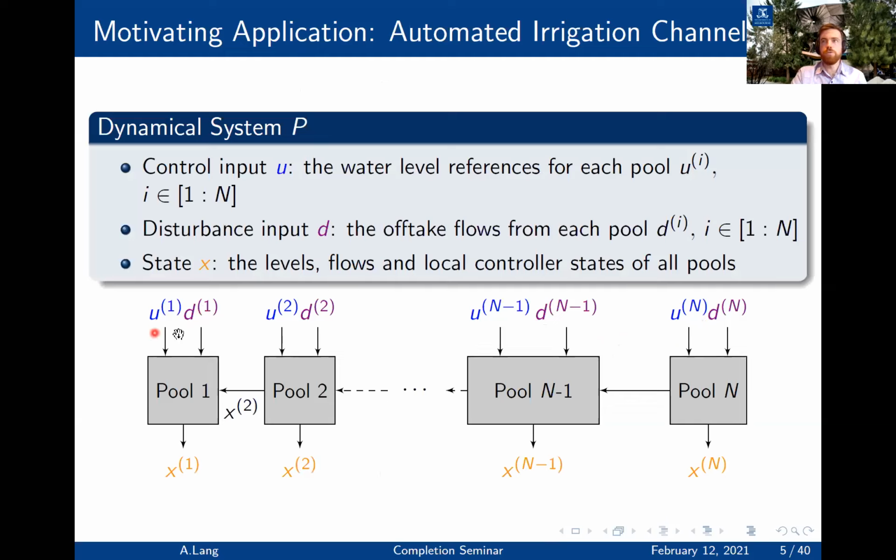So the overall dynamical system is a cascade interconnection of pools, and aligning with the notation that we've already introduced, the water level references for each pool make up the control input U, and the offtakes or outlets to the farmers in each pool make up the disturbance input D, and the levels, flows, and the local controller states make up this state X.